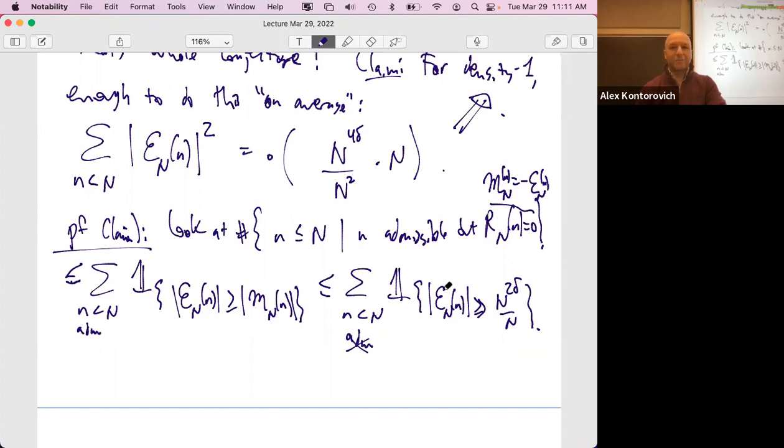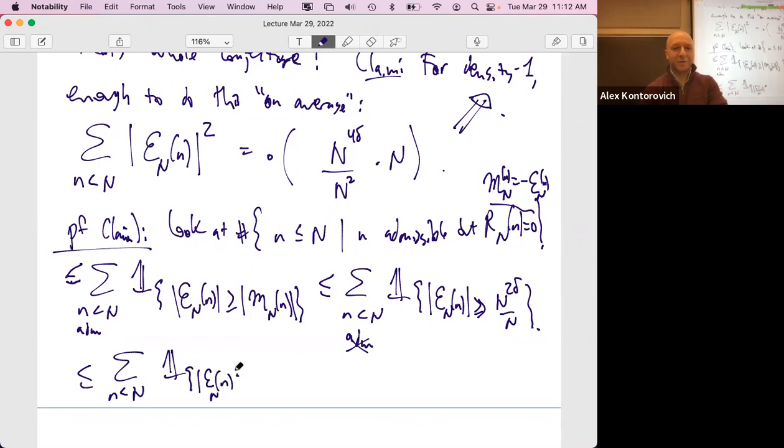And now I will multiply in a quantity that's larger than 1 for every n for which this is satisfied. And what's a quantity that's larger than 1? Well, on the n's where this indicator function is non-zero, I'll multiply in, let's do it in a different line, this indicator function again.